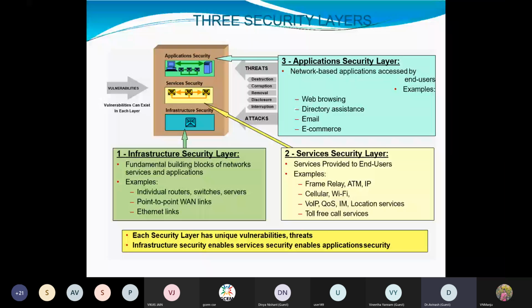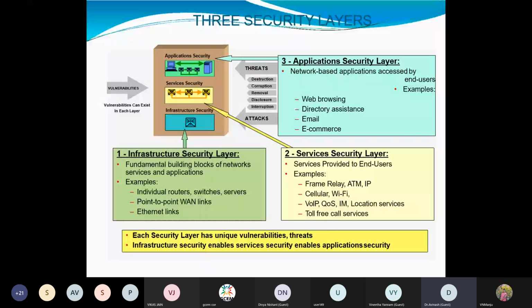The examples are routers, switches, servers, or some kind of point-to-point wide area network links and some kind of Ethernet links, which work at the infrastructure security layer and are responsible for managing this particular plane, the infrastructure security plane.